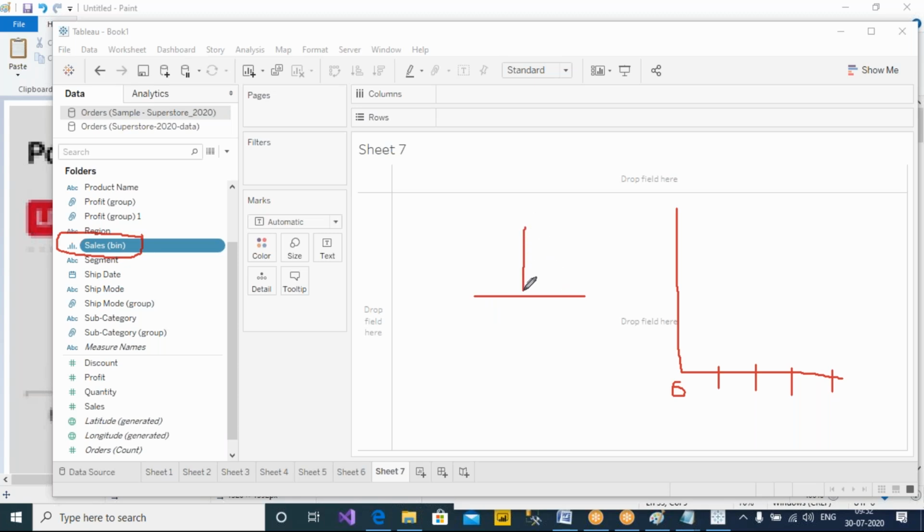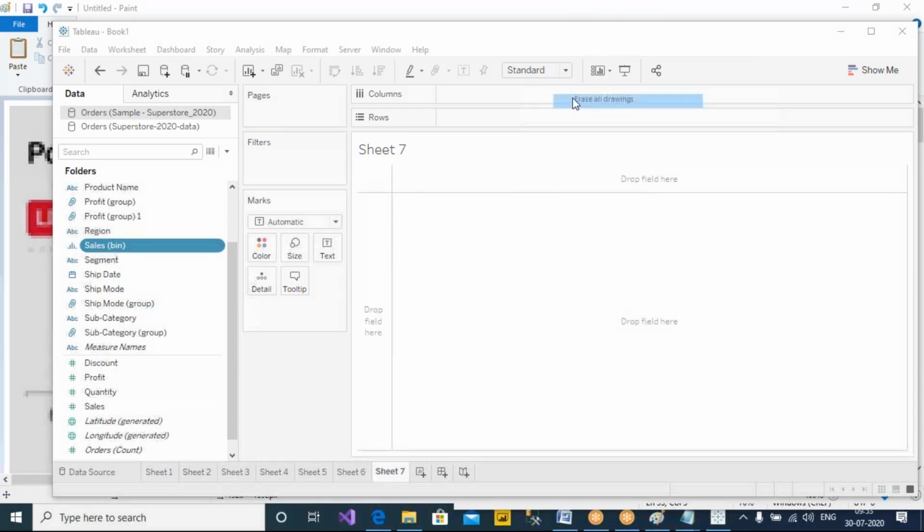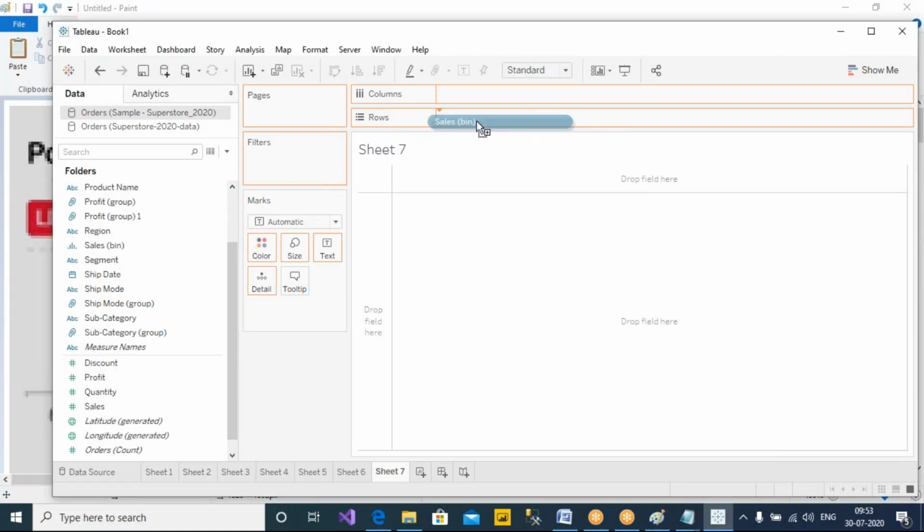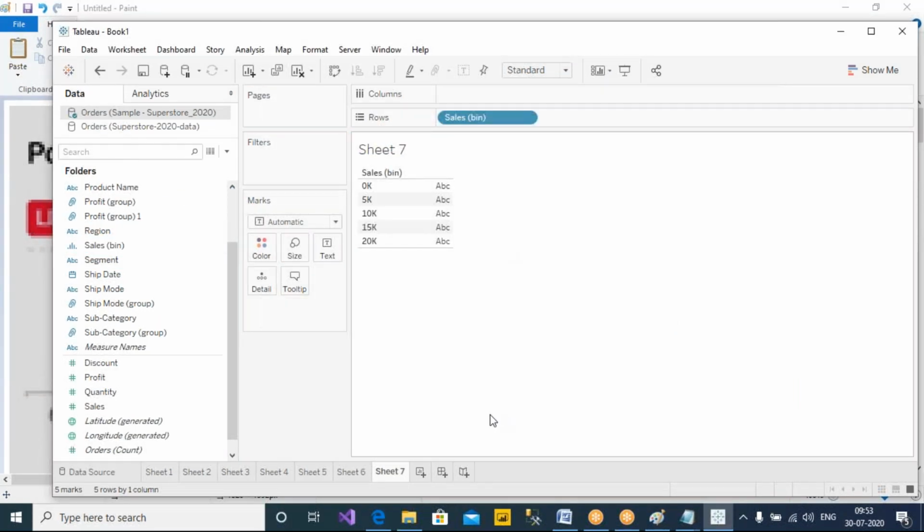But the symbol is a histogram chart like this. So a bin is also a histogram chart. That's the symbol of that. And let's have this and put this here. Because I said 5,000, it is displaying these values: 0, 5, 10, 15, 20.